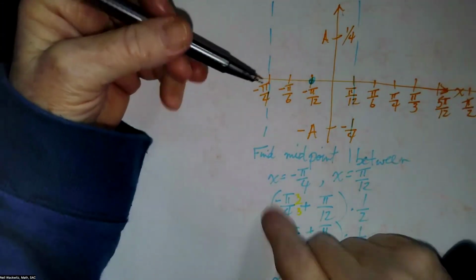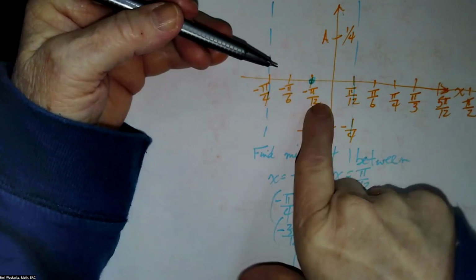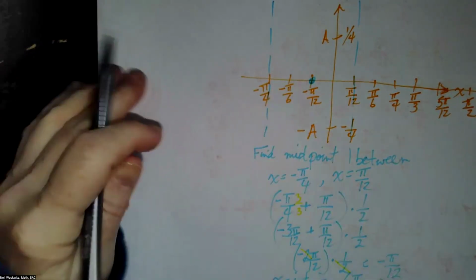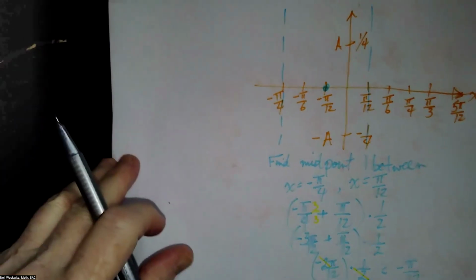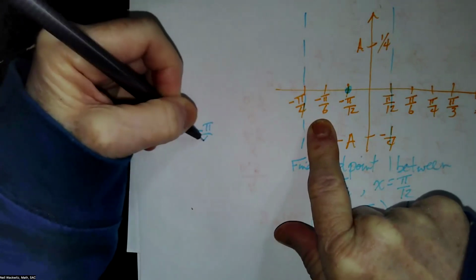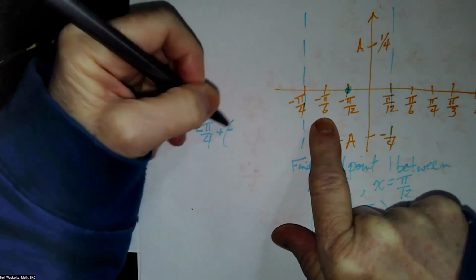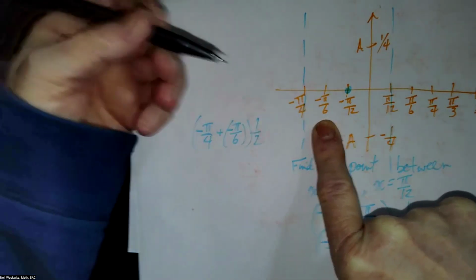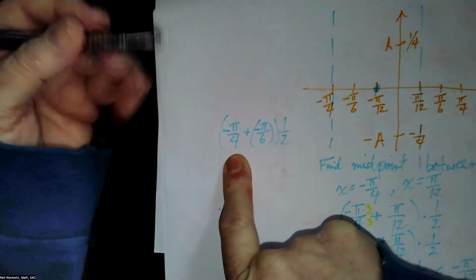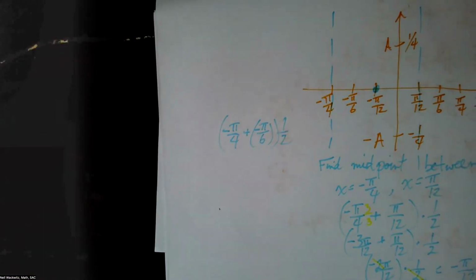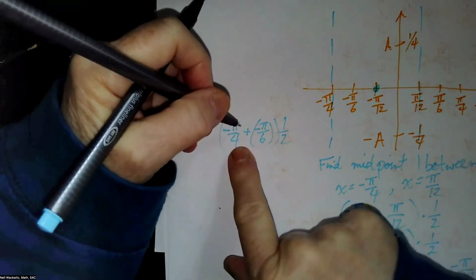And we kind of cheated because we counted off by pi over 12s. So I can see where the midpoints of these midpoints are going to be. But I still want to do the math to make sure that I can do it. So here I'm going to add negative pi over 4 plus negative pi over 6 times 1/2. What is the LCD for 4 and 6? 12.